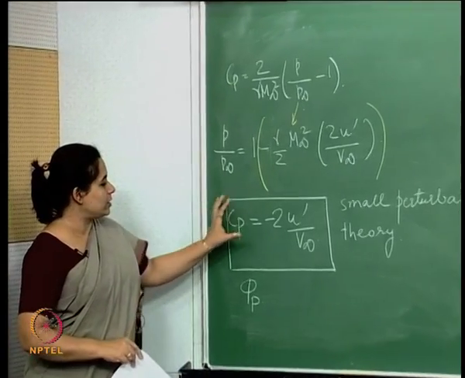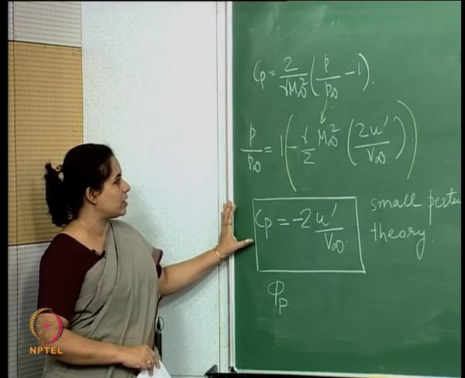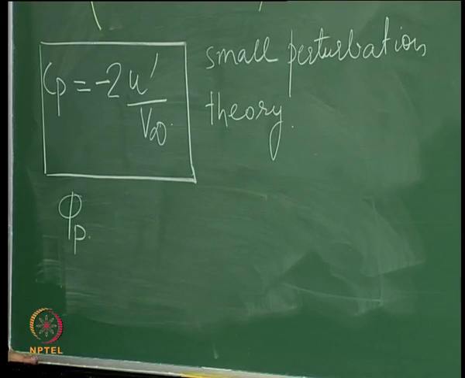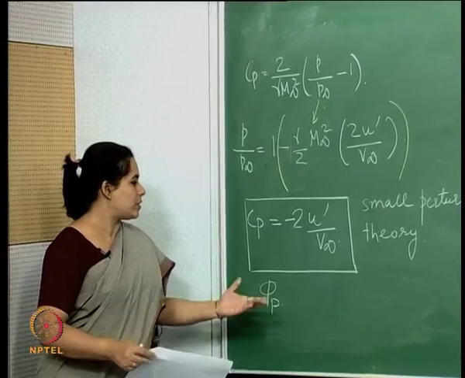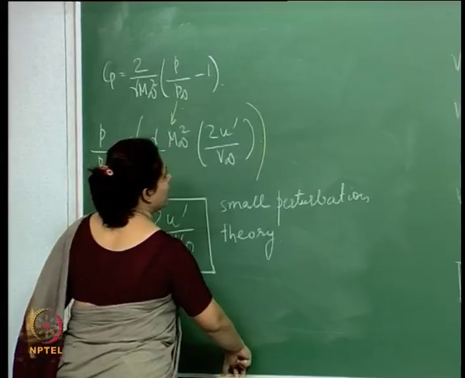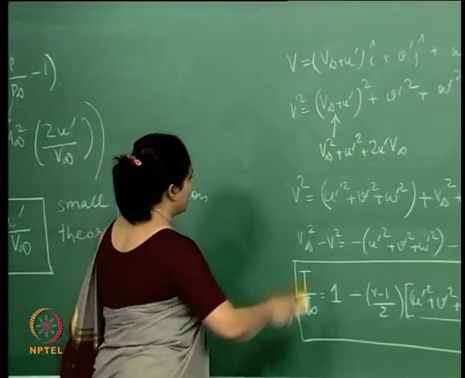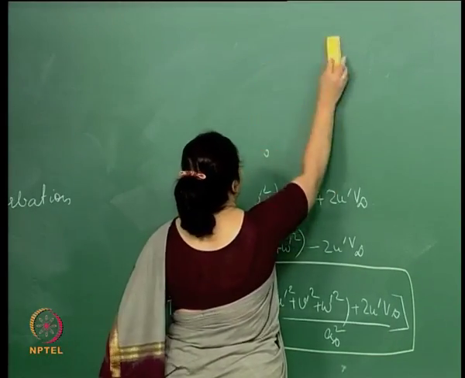So from using the small perturbation theory, the Cp depends only on the u component of the perturbation potential, or just the u component of the perturbation velocity. Okay, now let us see if we can draw some more inferences from this. Let us write out this Cp and see what we get.